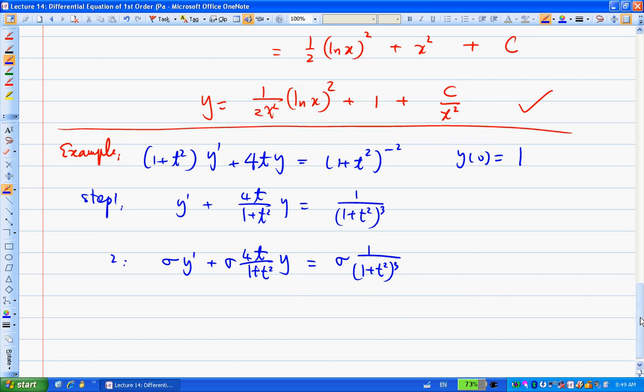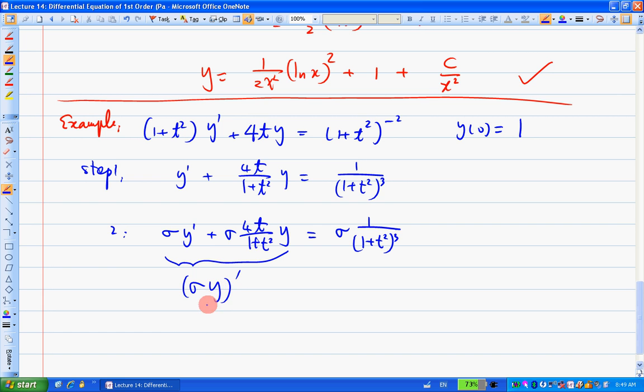We're trying to rewrite the left side into sigma y bracket prime format. In order to do that, our sigma has to satisfy this equation, sigma prime equal to this guy here, sigma times 4t over 1 plus t squared.